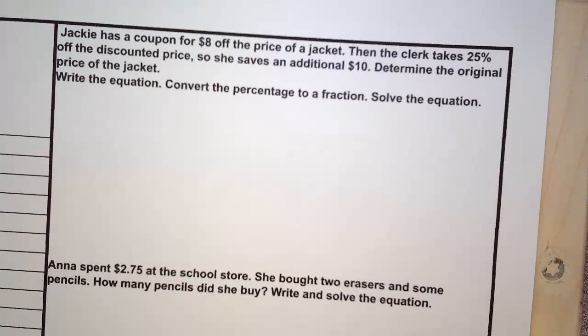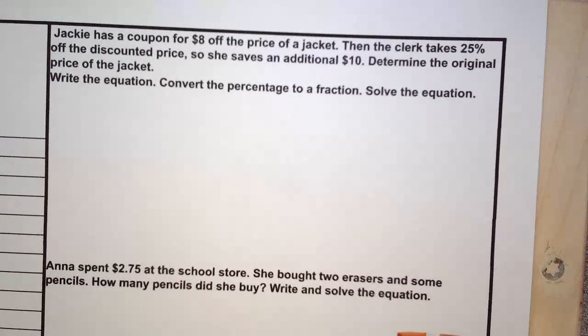Okay, Jackie has a coupon for $8 off the price of a jacket. Then the clerk takes 25% off the discounted price, so she saves an additional $10. Determine the original cost of the jacket. Write the equation, convert the percentage to a fraction, and then solve.